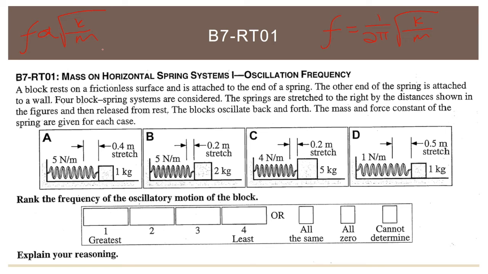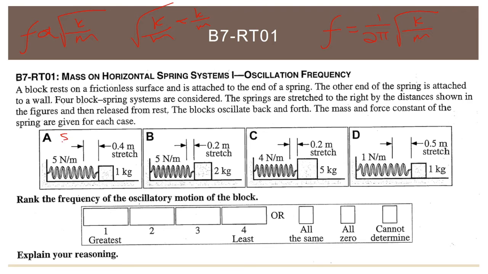Taking a square root 4 times is annoying, though. So what you should realize is that if the square root of that ratio is going to be bigger, well then the ratio is going to be bigger. That's always true. So we can say the square root of k over m is proportional to the ratio k over m. And that's what you should really be looking at for these problems.